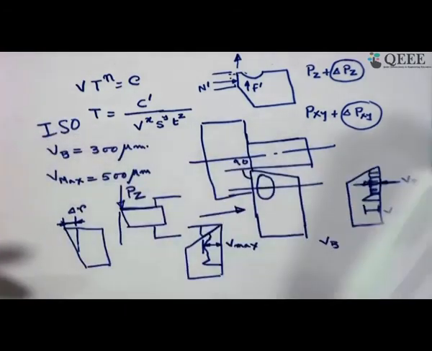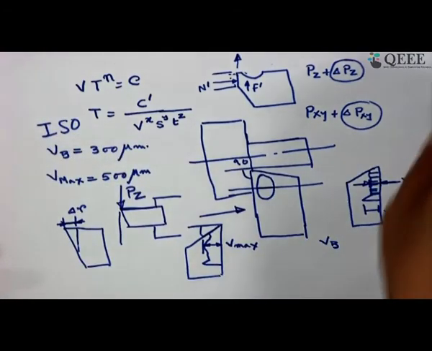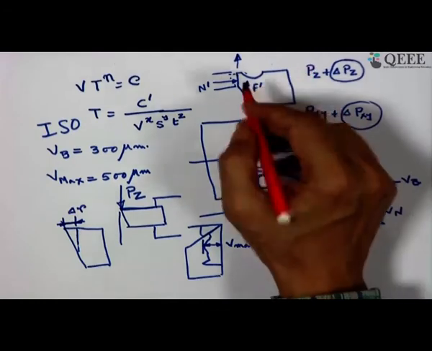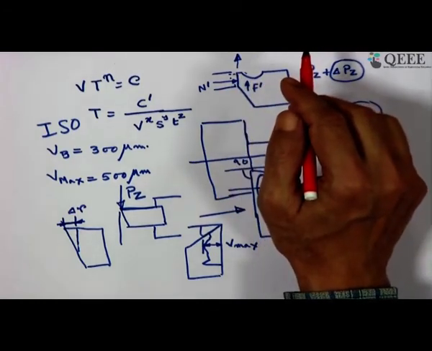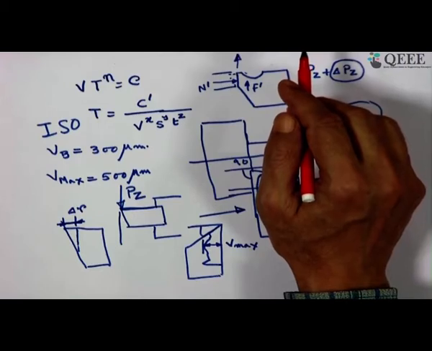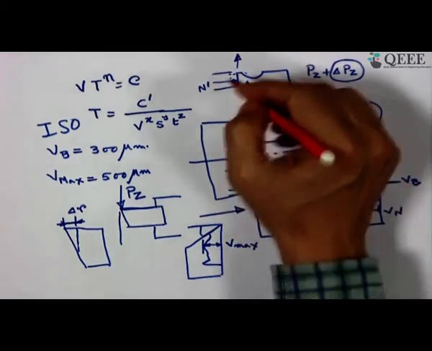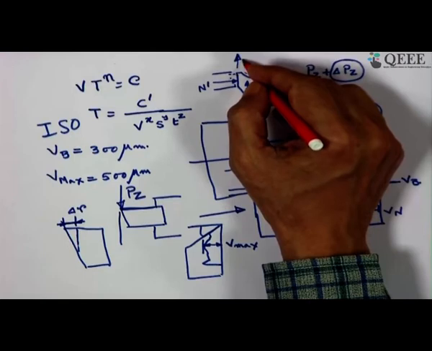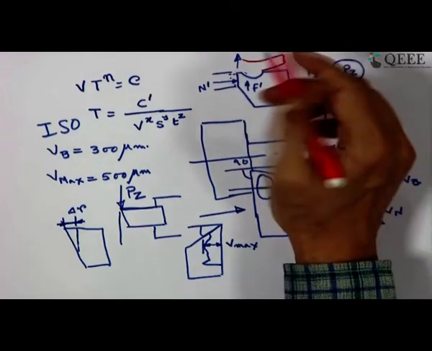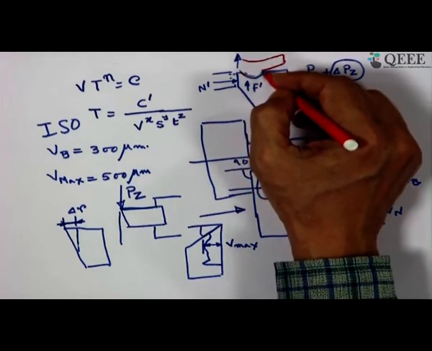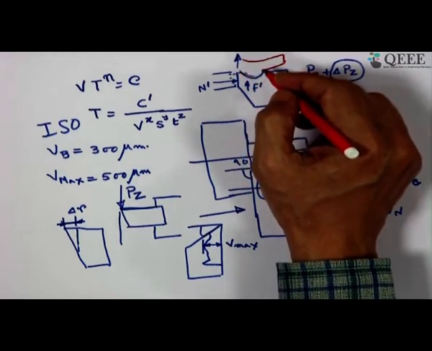Now, come to the cratering. Now, in cratering, this cavity formation does not affect the accuracy or quality of the job directly. What happens? The chip which would otherwise flow smoothly in case of steady cutting, will go through this groove, and there is a chip breaking action.